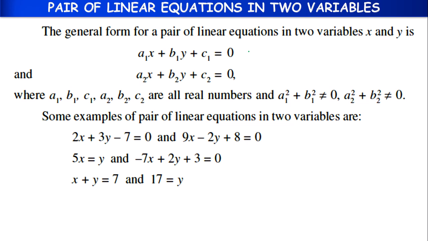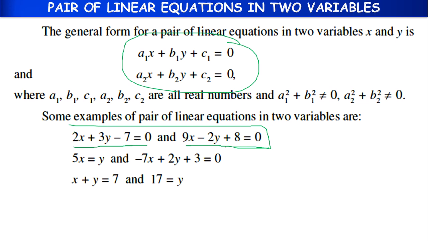In this form, suppose you take 2x plus 3y minus 7 equal to 0 and 9x minus 2y plus 8 equal to 0. These two equations will be considered a pair of linear equations in two variables. Why?